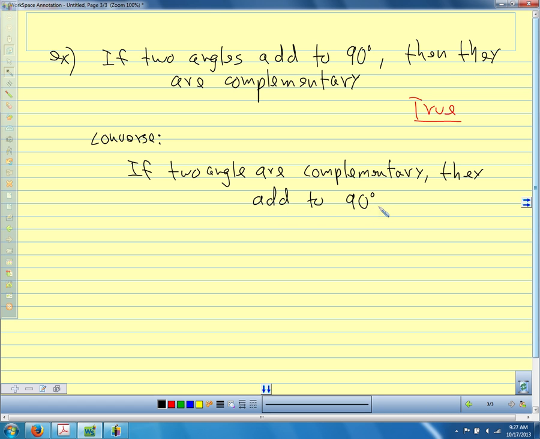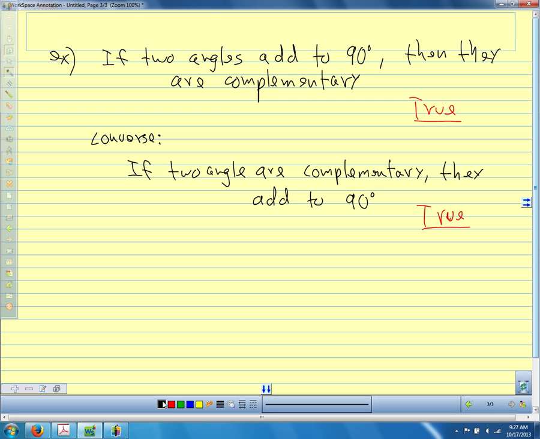So that's our converse. We just switched the hypothesis and the conclusion. Is the converse true? If two angles are complementary, then they add to 90 degrees. Is that true also? Saying the same thing, really, right? So that is true. So we have a true conditional and its true converse.